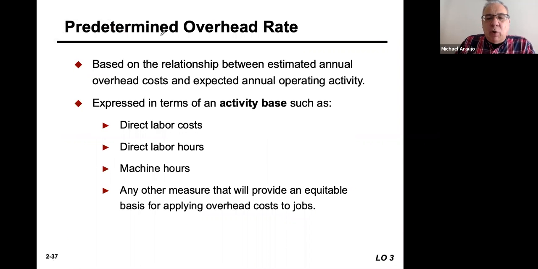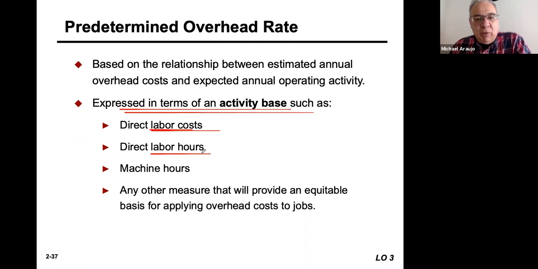So the predetermined overhead rate is usually expressed as a percentage of some activity base. Labor costs or labor hours are very typical activity bases that overhead is attached to. So they might say if it's a 50% overhead rate, for every dollar we spend on labor, that means we spent 50 cents on overhead.